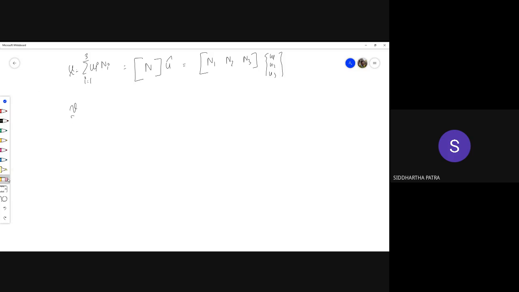Actually, v is not a vector, neither is u. So the value of the variation is essentially for us v hat transpose, N transpose. Okay, and now it comes to x. x is also N1 x1 plus N2 x2 plus N3 x3. So isoparametric again.